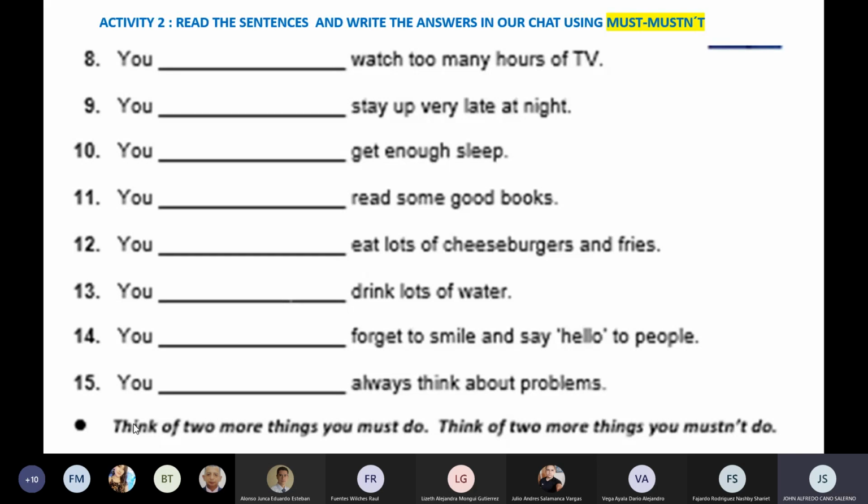You must or mustn't? You must. Get enough sleep. What about 11? What do you think? You must read some good books. Yes, very good. Okay. What about 12?